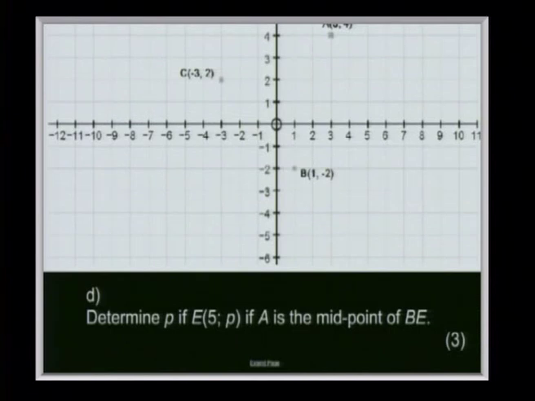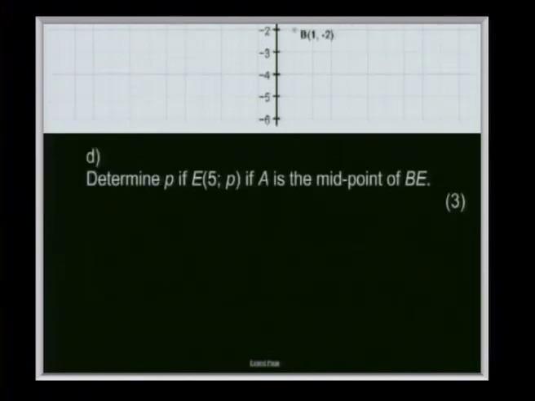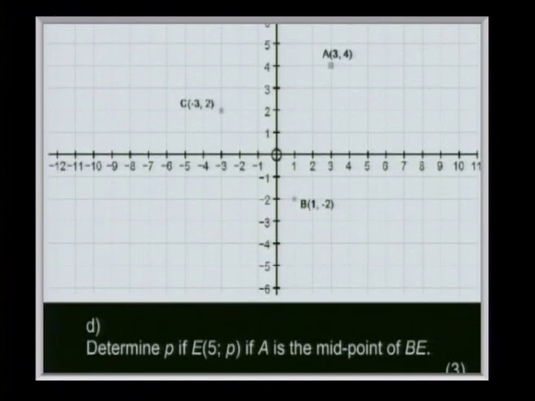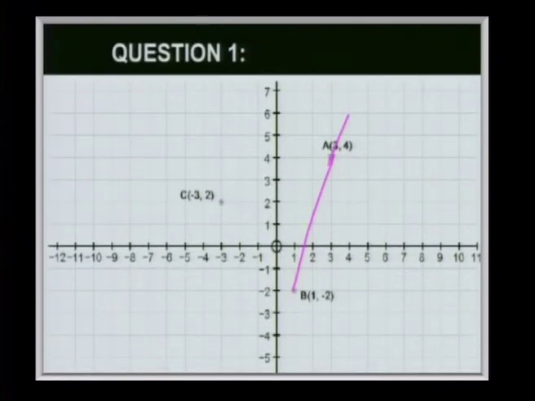Determine P if E, which is the coordinates (5, P), if A is the midpoint of BE. I think we need to go to our diagram. They're saying that E is somewhere over here, and from B to E, A will be our midpoint. So E is going to be over here somewhere. That length and that length are going to be the same.